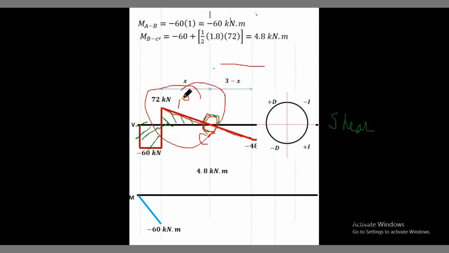Since nasa taas, that is positive. And nag-start ako from 72 kilonewtons, nag-end ako kay 0. So, 72 to 0, that is decreasing. Again, yung ating triangle ay nasa taas, so that is positive. And the shear is decreasing. So, positive, decreasing. Ang itsura ng aking curve ay ito.